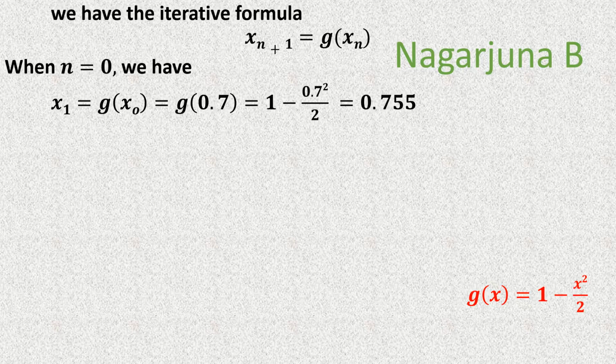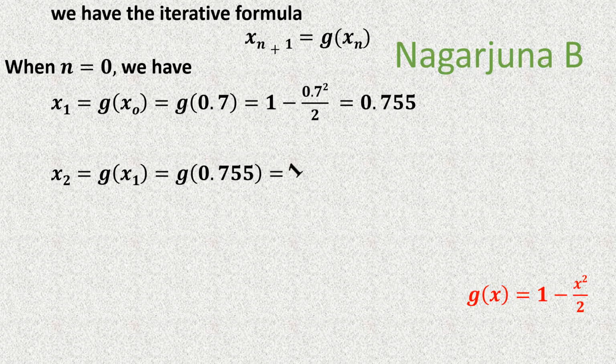The next, calculate x2. That means by putting n is equal to 1, x_{n+1}, that is 1 plus 1, will be 2. Therefore x2 will be equal to g of x1, equal to g of 0.755, equal to 1 minus 0.755 squared divided by 2, and it is equal to 0.715.